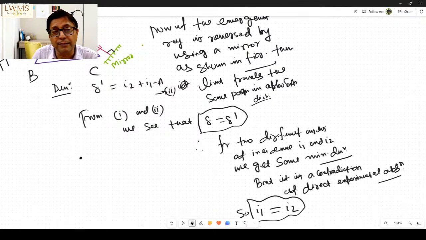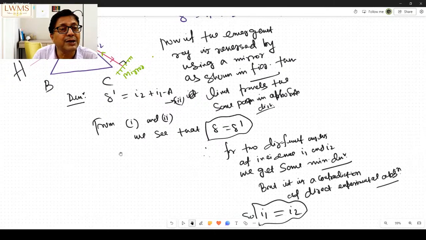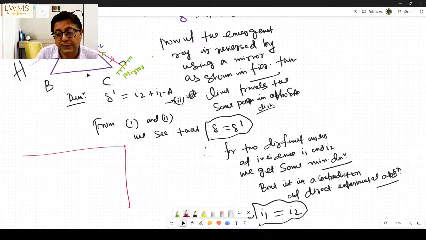Now, if you see the diagram, you have I1 equal to I2. I am going to state something different now: if I1 equals I2, then what about R1, R2?